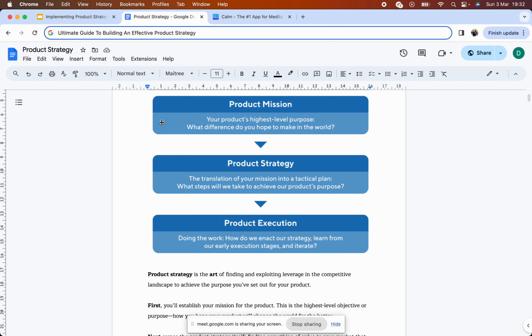Ultimately, that statement is passed down to the product team. So everyone that joins the product department will be given this product mission statement if you ask for it. Some people won't just share it, you have to go in and ask.